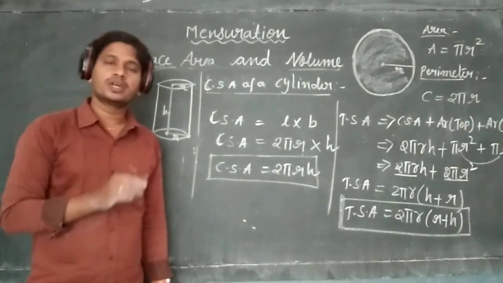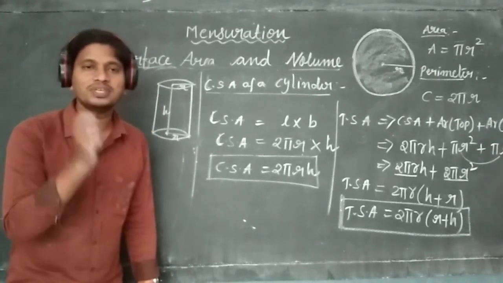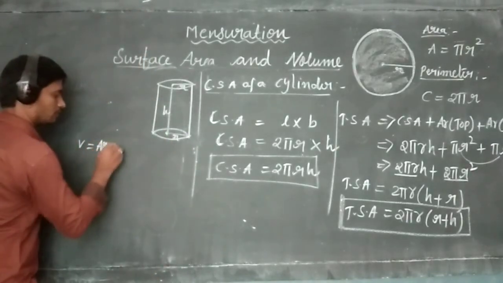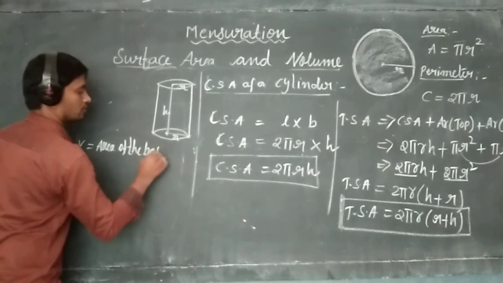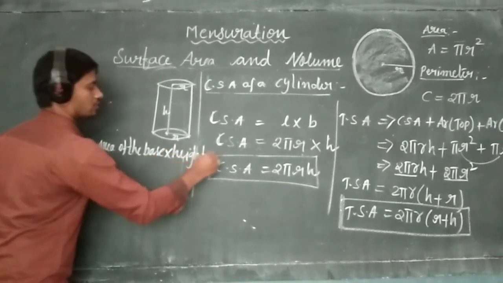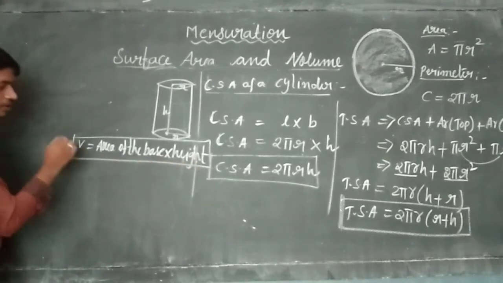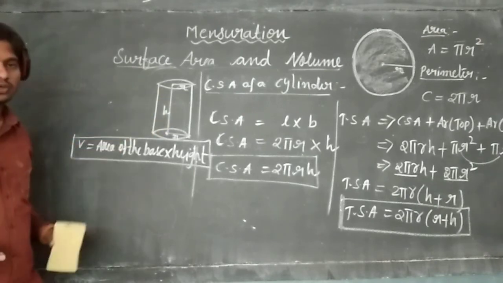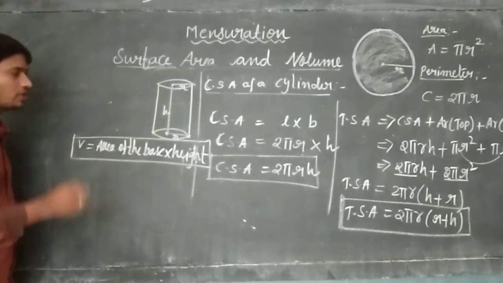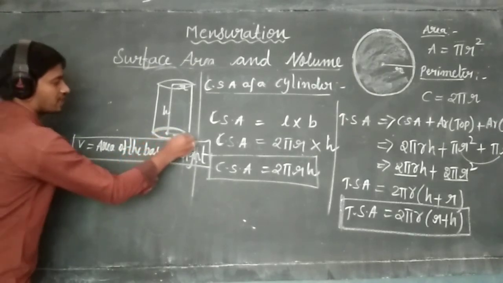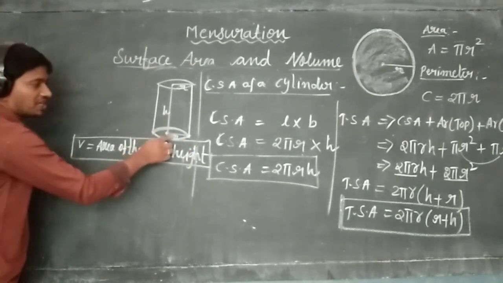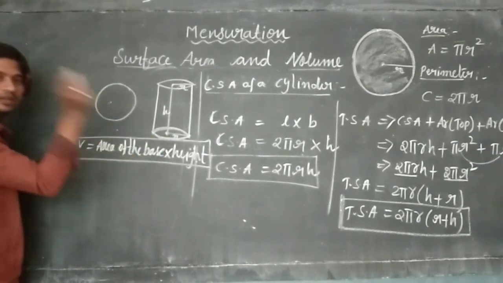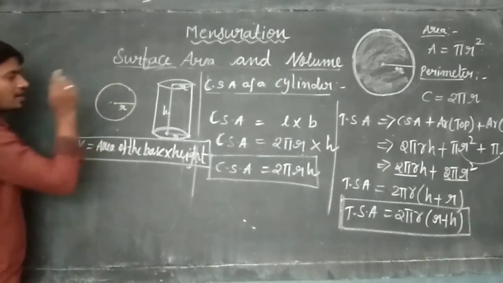For finding the volume of any solid, we have the formula: volume is equal to area of the base into height. Volume of cylinder equals area of the base. This is our base, the base of the cylinder, which is in the shape of a circle whose radius is r.